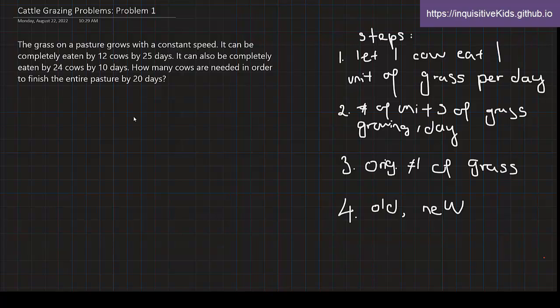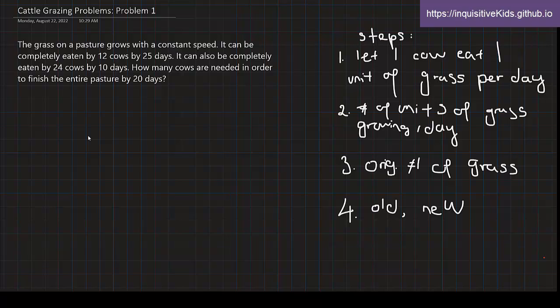And then we're going to split the cows into old cows, which are the cows that only eat the original amount of grass, and the new cows, which are the cows that have to take care of the new grass that's growing as the old cows eat the old grass. So that is the 4 steps. And now let's get into the problem. Maybe you'll understand it better as we start doing the problem.